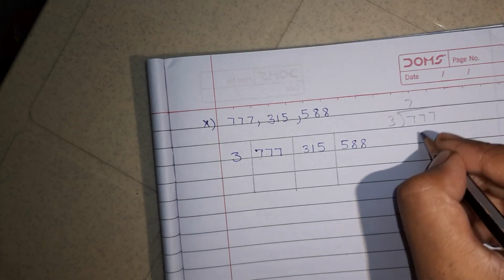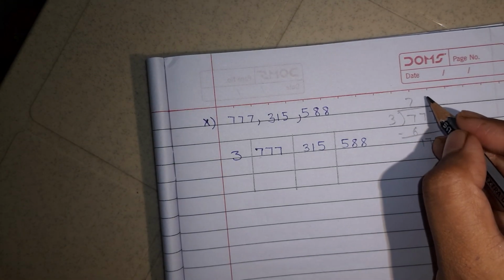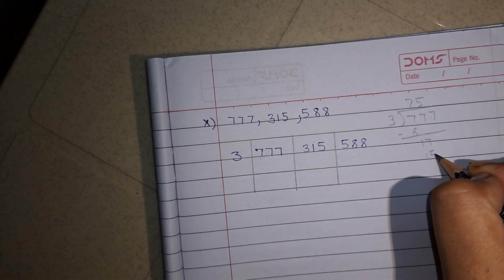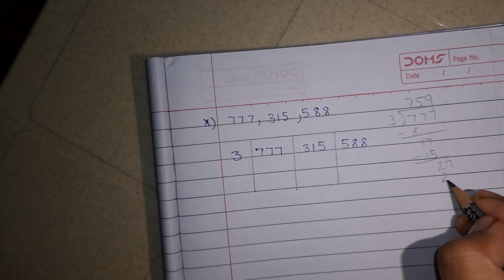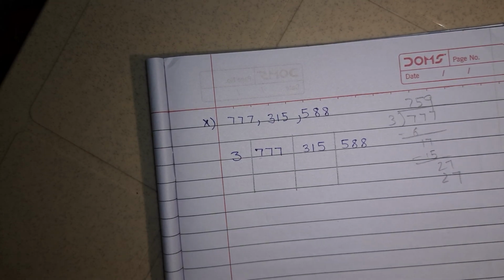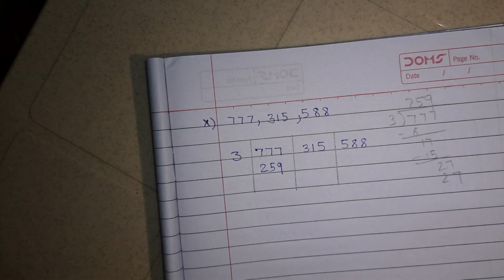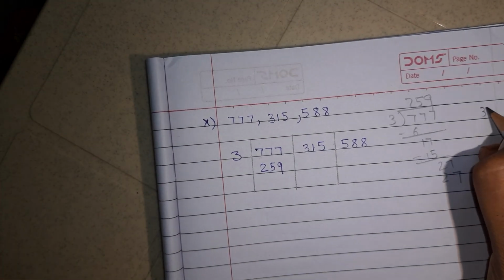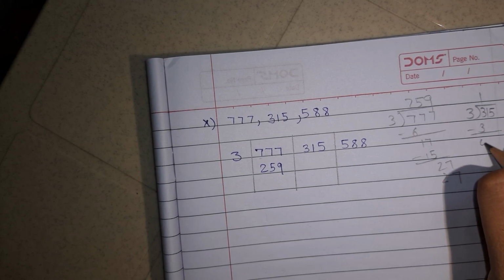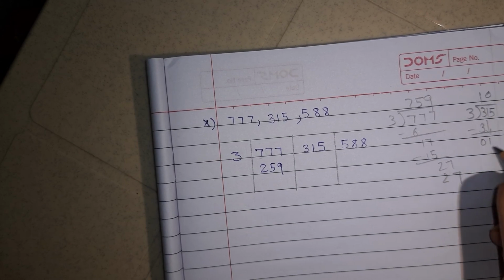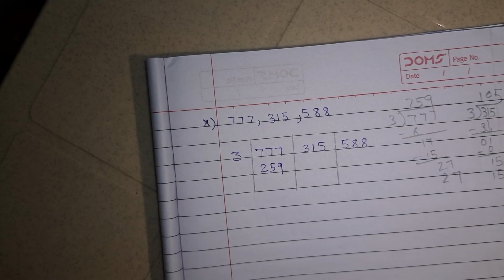So 3 2s are 6, 17, then 3 5s are 15, 27, 3 9s are 27. So how much did we get? 259. Next, 315 we have to divide by 3. 3 1s are 3, then 1, 3 zeros are 0, 15, 3 5s are 15.